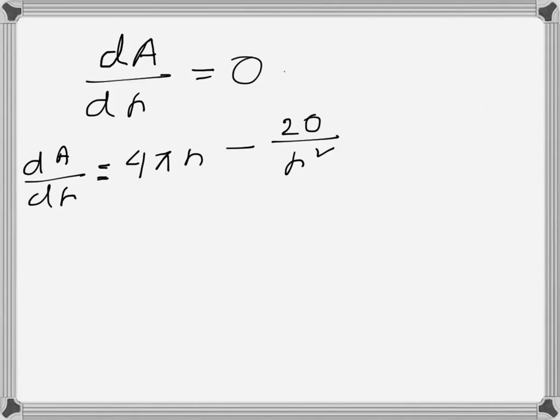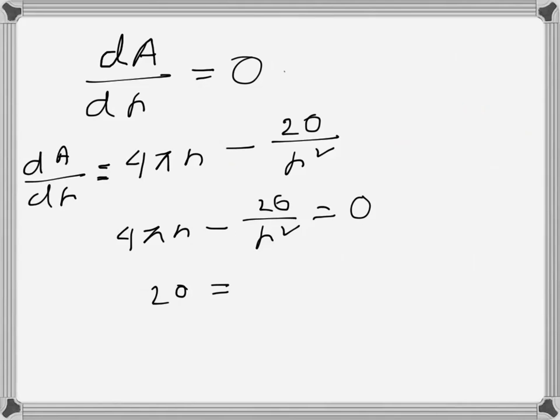We need to show that this one has a minimum first. In order to do that, we can find the second derivative and look for the sign there. But before that we need to find for which value of r this A becomes minimum. So we equate this expression to 0, and it becomes 20 over r square is equal to 4 pi r.